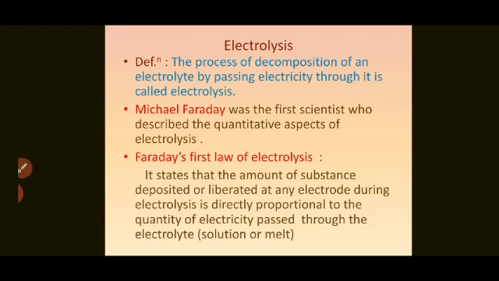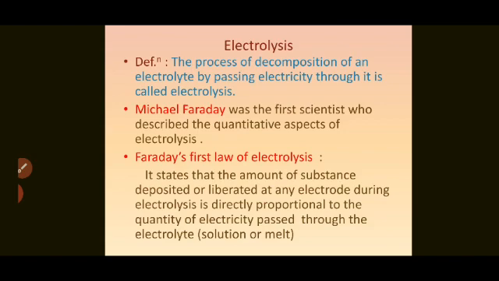Now let us see the definition. The process of decomposition, meaning breaking of an electrolyte by passing electricity through it, is called electrolysis. Michael Faraday was the first scientist who described the quantitative aspects of electrolysis.